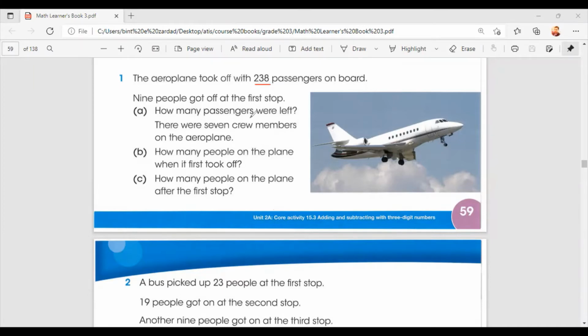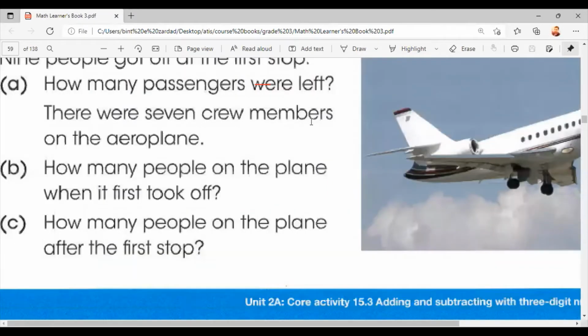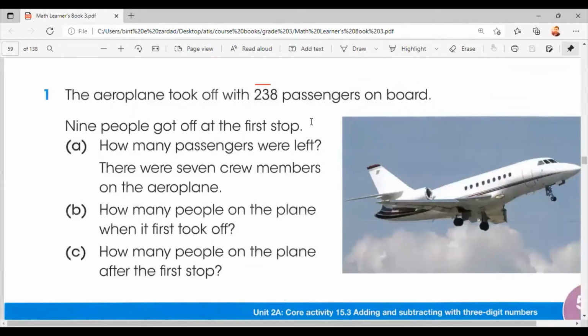How many passengers were left? So from 238, we are doing minus 9 for question number 1. 238 minus 9.